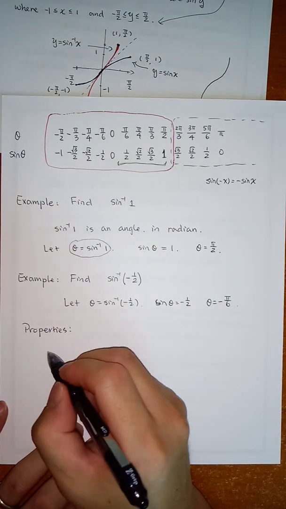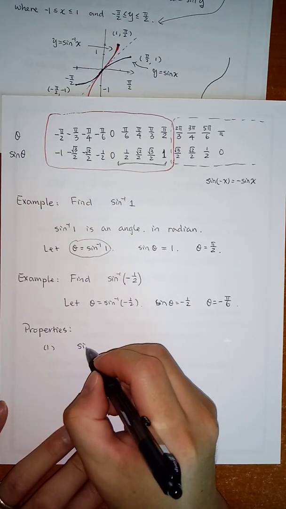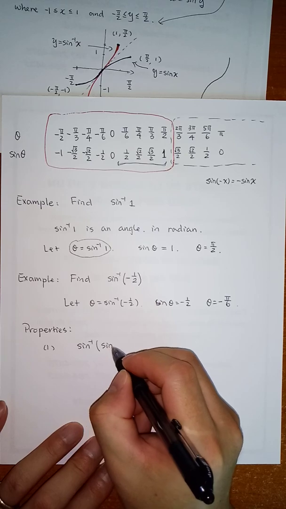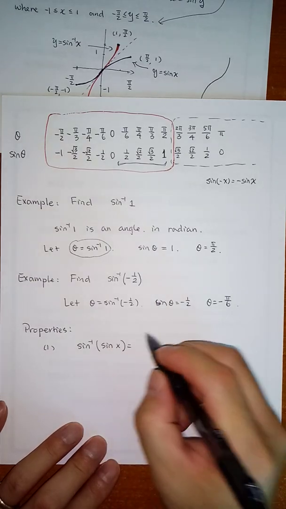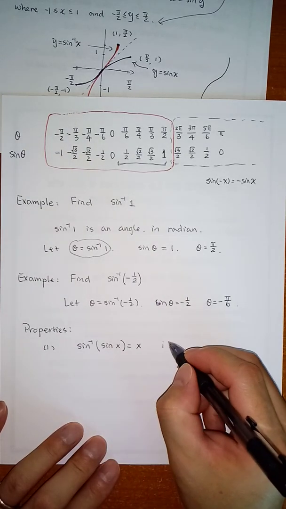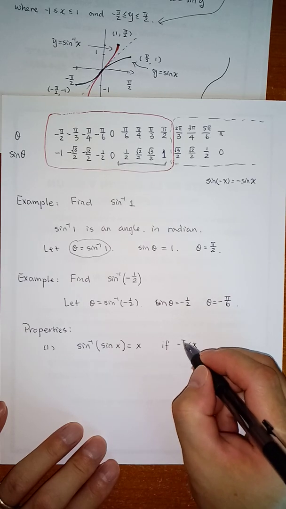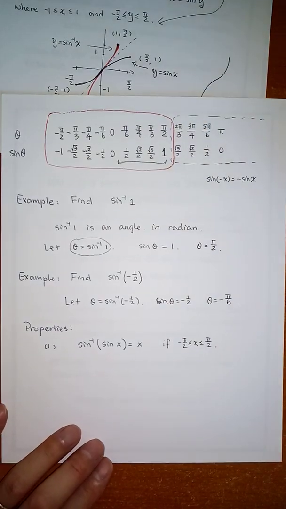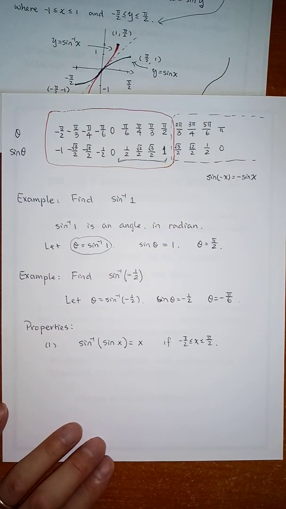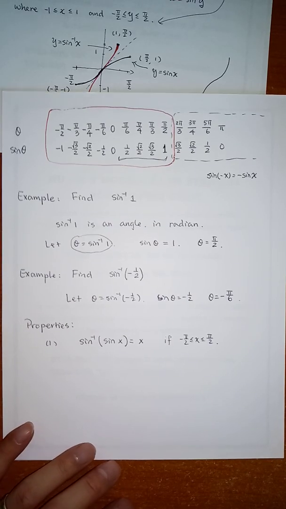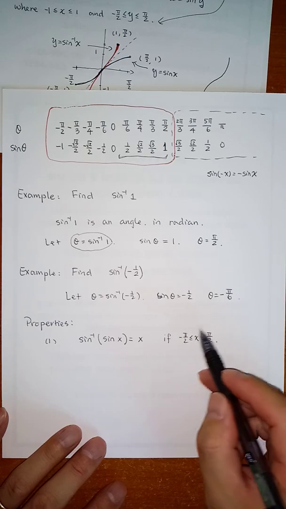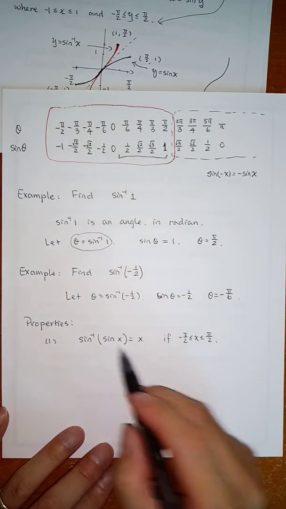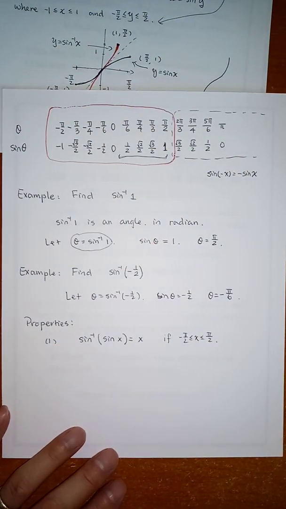Property 1. Sine inverse of sine of x is equal to x, if x is between negative pi over 2 and positive pi over 2. Okay, so if x is in the domain of the sine function in the definition of the inverse trig, so we have to keep x between these, then sine inverse sine is equal to x.